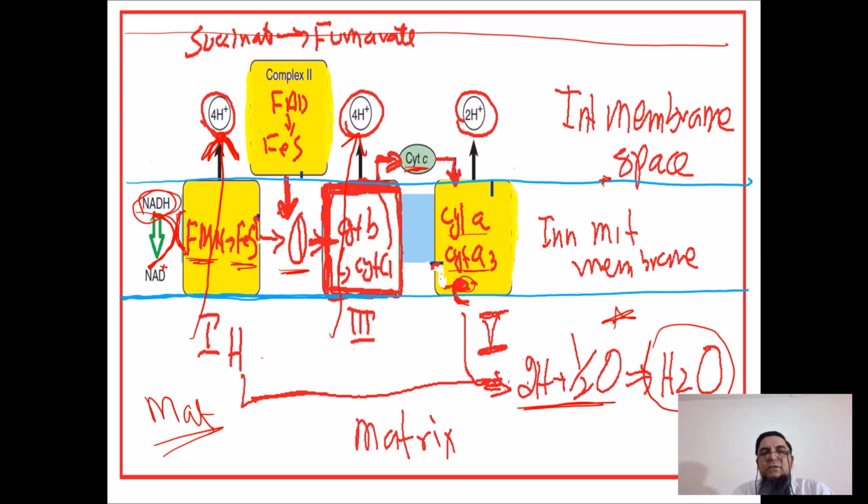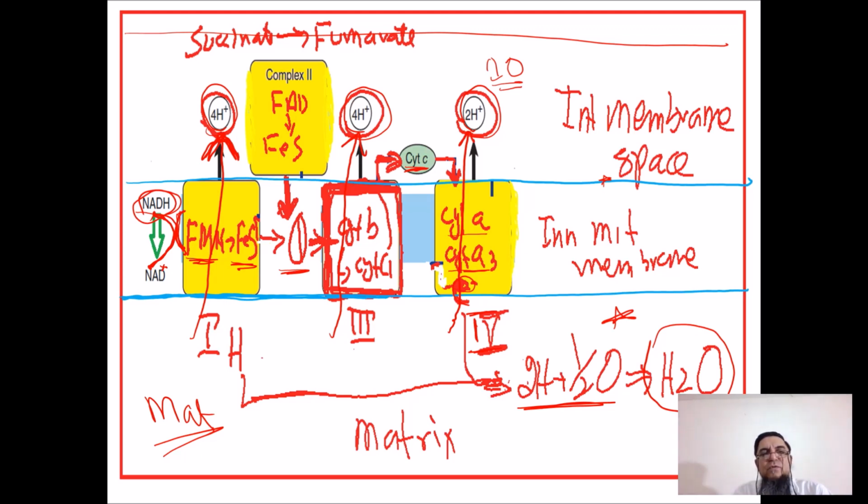And similarly, complex 4 also pumps the hydrogen from the matrix to the intermembrane space. Complex 1 pumps 4 hydrogen, complex 3 pumps 4 hydrogen, complex 4 pumps 2 hydrogen. In total, 10 hydrogen are pumped into the intermembrane space.